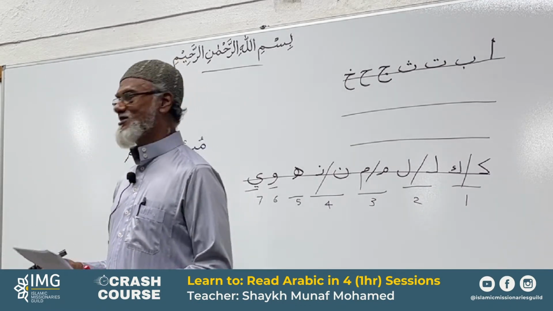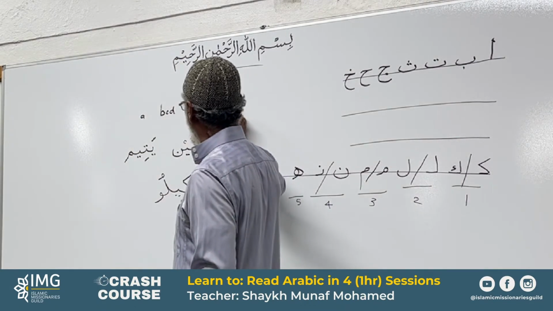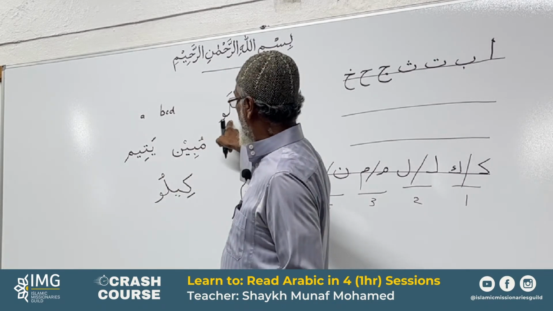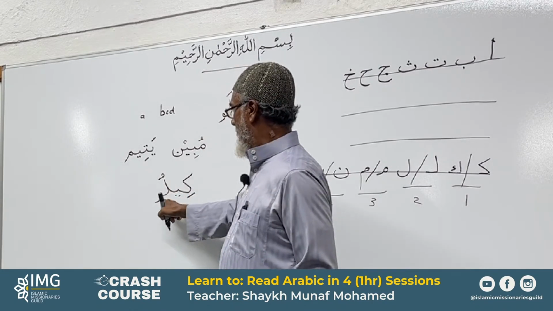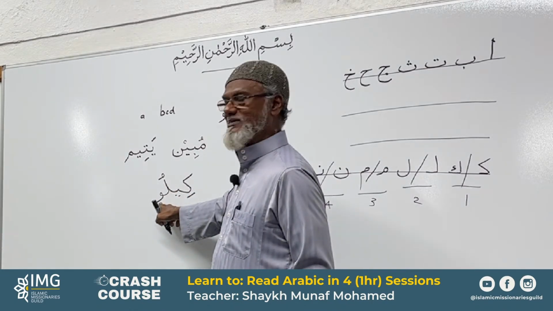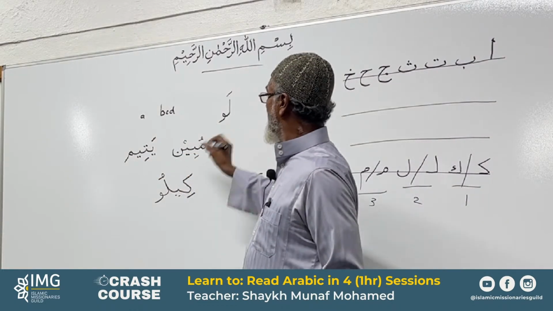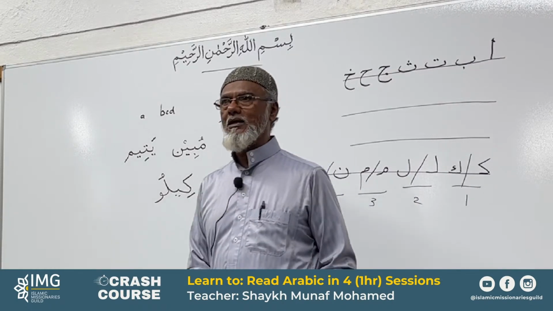All right, the next word. We have the letter lam, and the lam here. This is the lam with a dhamma, that's lu. Woo, because there's a waw after it, so the waw is lengthening the dhamma. But if we have a fatha on the lam and a waw, that will be what?